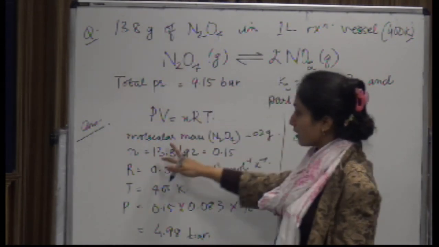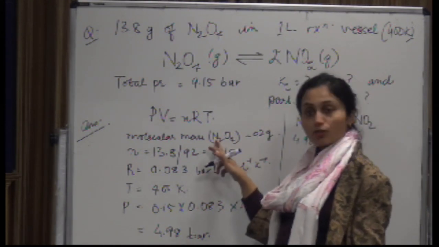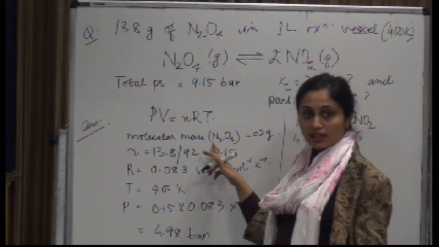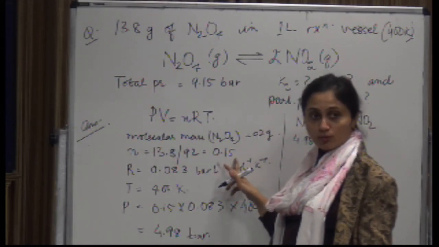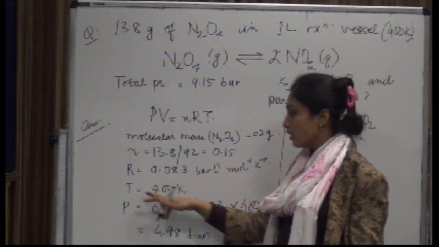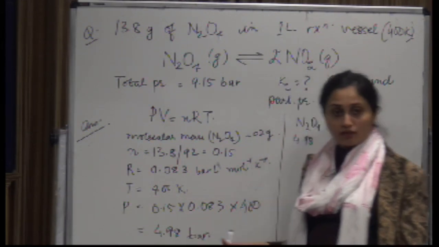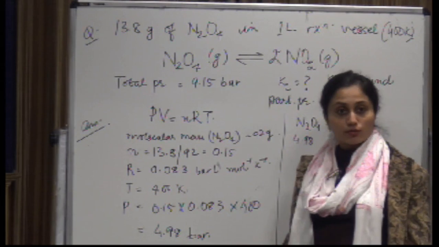The molar mass can be calculated: nitrogen is 14, oxygen is 16, 16 times 4 is 64 plus 28, you get 92, and then the number of moles is 0.15. R is already given to you, the temperature is 400 Kelvin, and pressure will be equal to n by V into RT, with volume equal to 1 liter. You substitute the values and get the pressure.